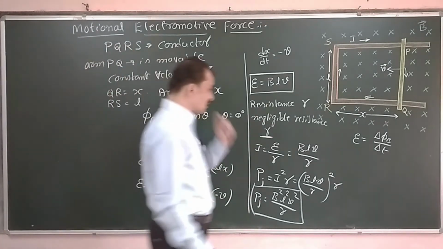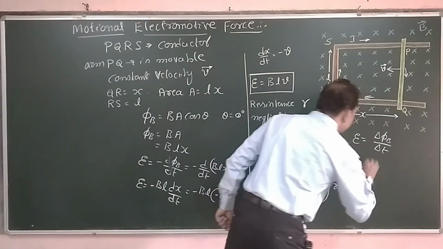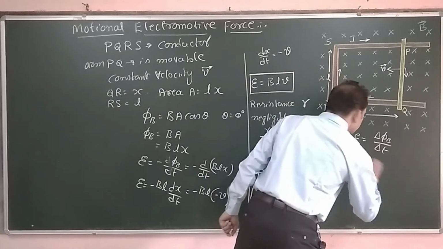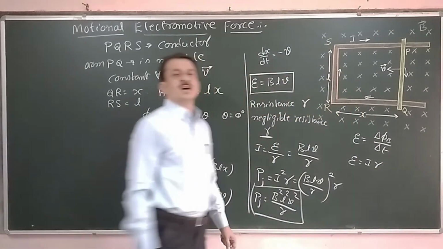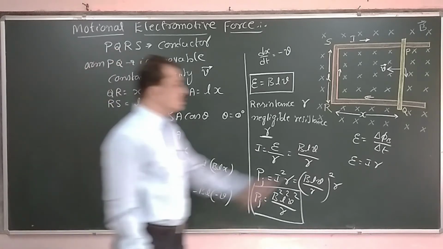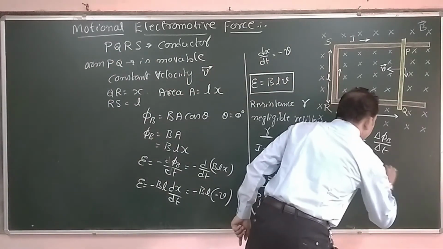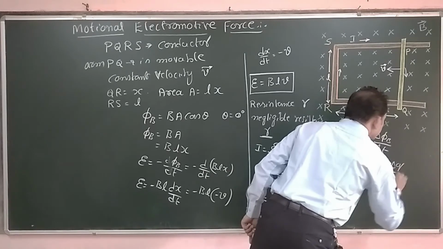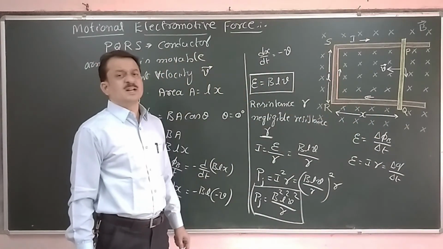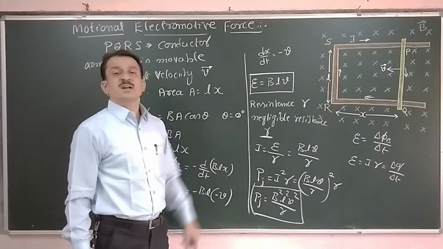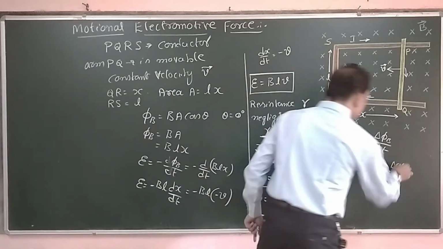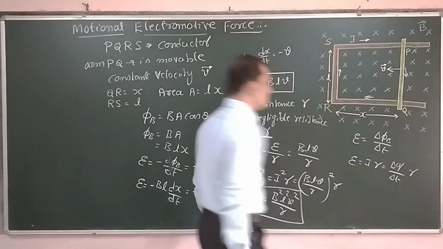And in the third chapter, current electricity, we know that EMF E is equal to the current flowing I into the resistor R. Now current is the rate of flow of charges, delta q by delta t, into R.